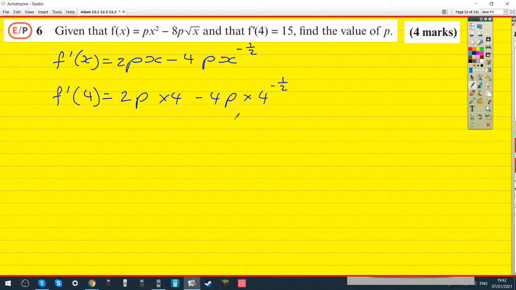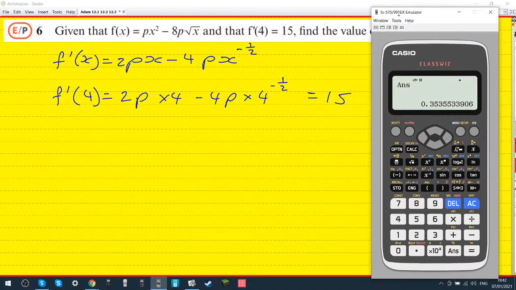Like what are we trying to do in this question? We're trying to find the value of p. So how would you try to find the value of p once you've simplified this? Would you want to make it equal to 15? Yeah, you'd make that equal to 15. And so I would just do that now.